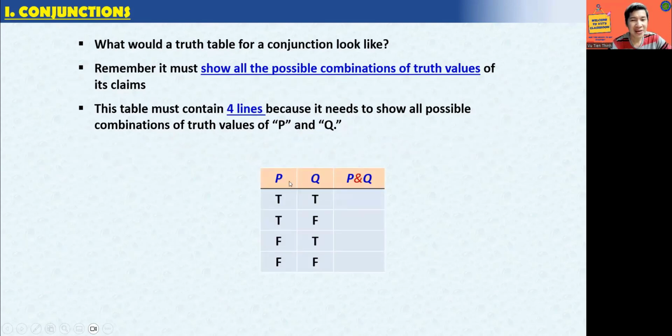So we write P, just make it a rule. We write true, true, false, false. And Q, we write true, false, true, false. Then we see when P is true, Q can be true, false. When P is false, Q can be true or false again. Then we have all of the combinations.